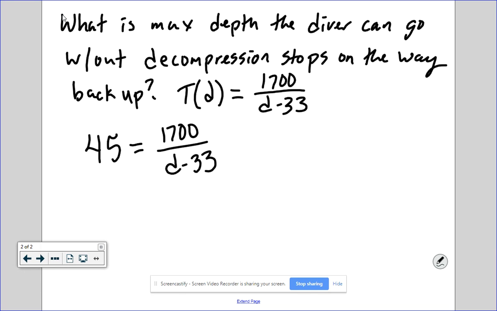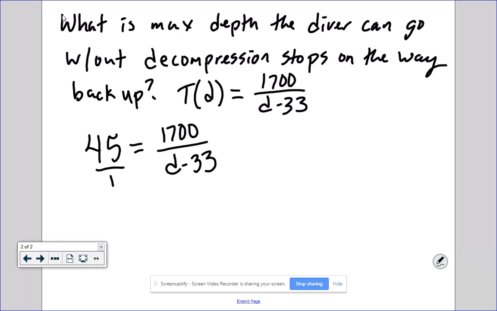And the question is, how do we solve a problem like this? Any ideas? Multiply. Get the D out, okay, but how do we do that? Somebody said it. Cross multiply. So, you have to make these proportions. So how do I make these proportions?